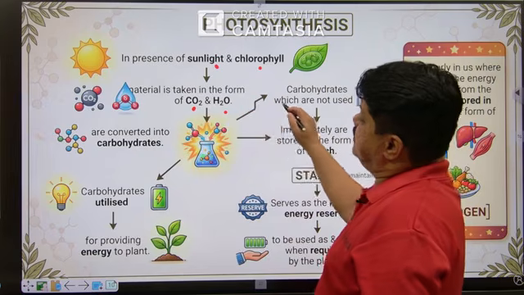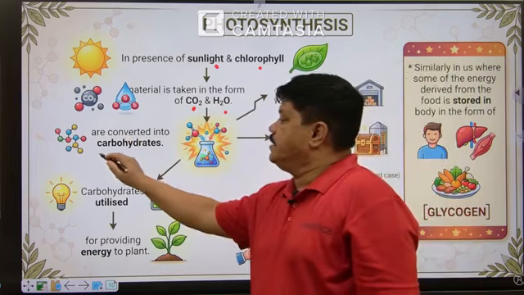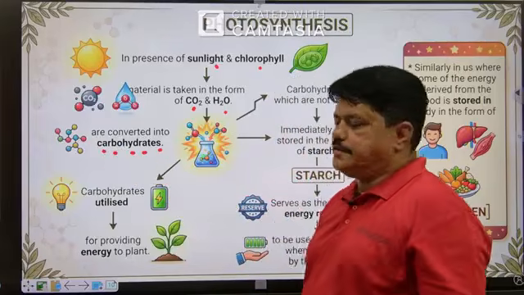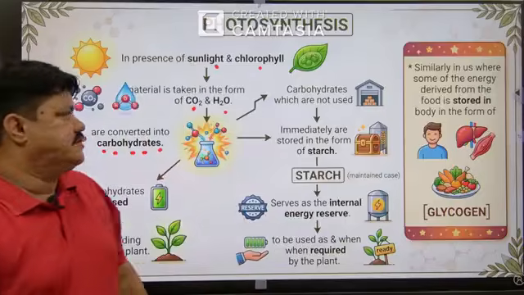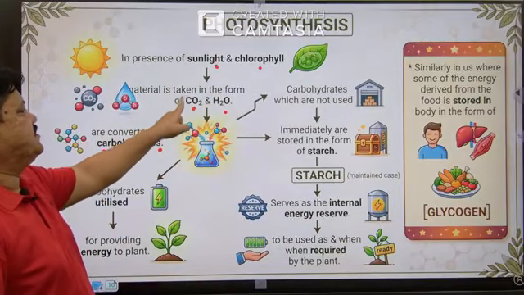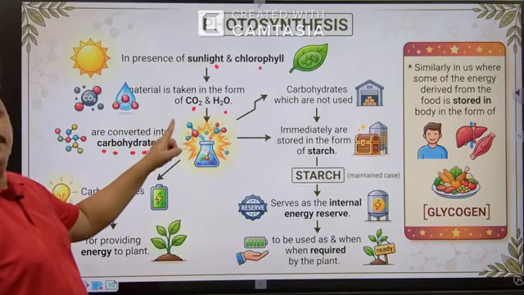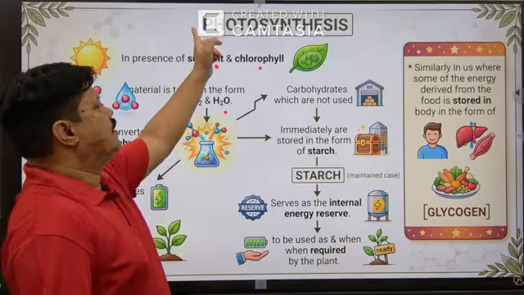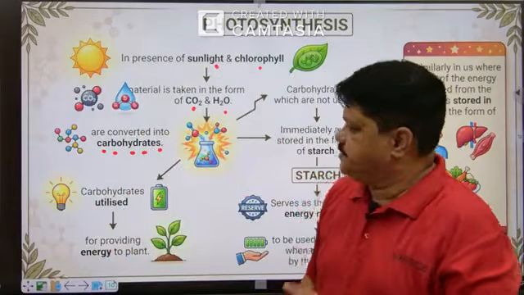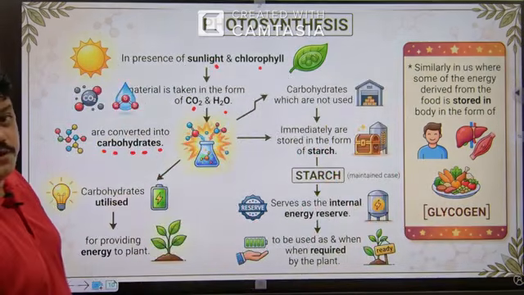They are converted into glucose, meaning simple carbohydrates. So the definition of photosynthesis is: in presence of sunlight and chlorophyll, materials taken in the form of CO2 and H2O are converted into carbohydrates. The whole process is coined as photosynthesis.